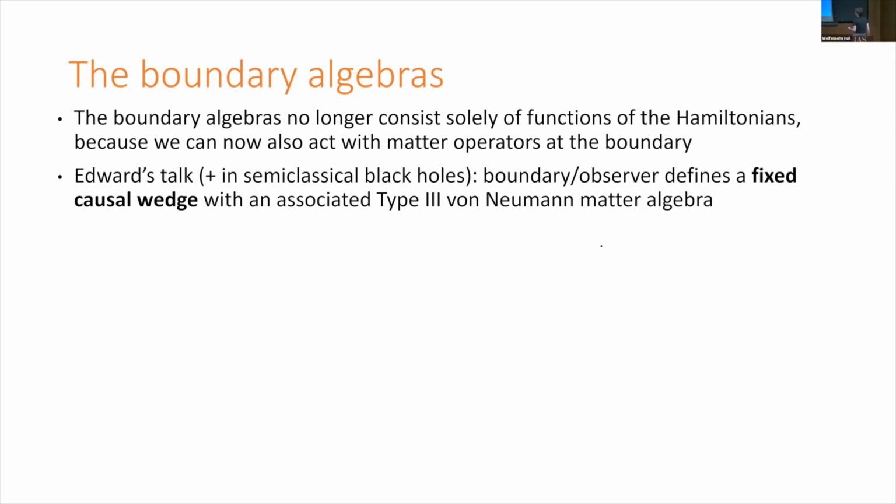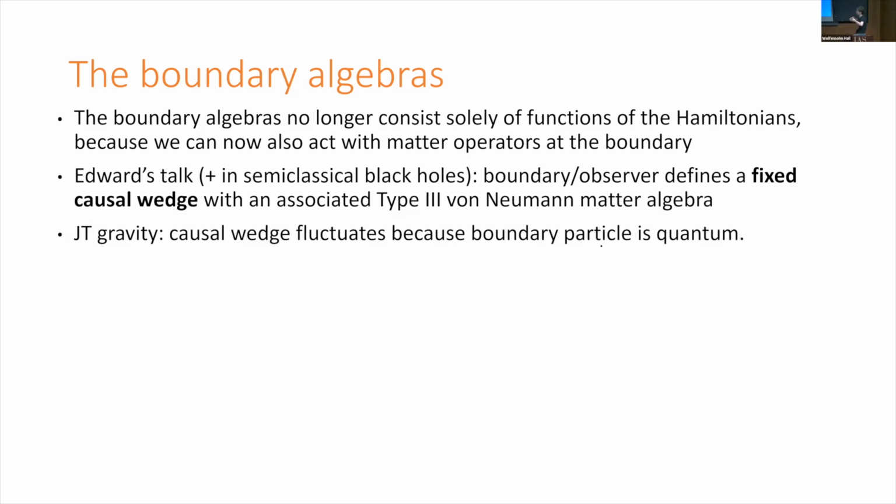In JT gravity, the causal wedge fluctuates depending on the state of the boundary particle. So there's no single well-defined causal wedge, no single region of the bulk that we can reconstruct, or that is generated by boundary matter fields.